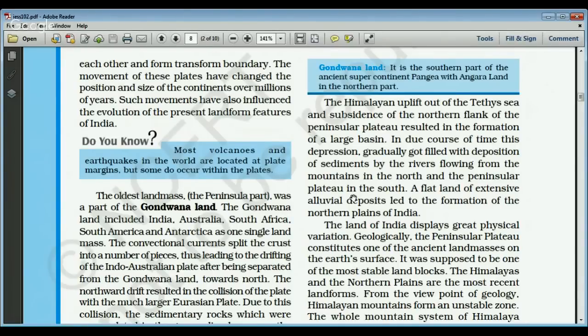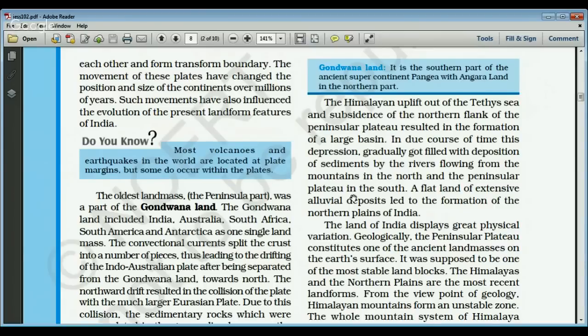Both resulted in the formation of a large basin between the Himalaya and the peninsular part. In due course of time, because of the uprising of the Himalaya and the subsidence of the peninsula, a depression was created in the region where the Ganga and Indus flow today.